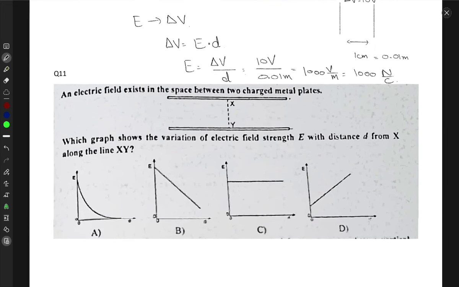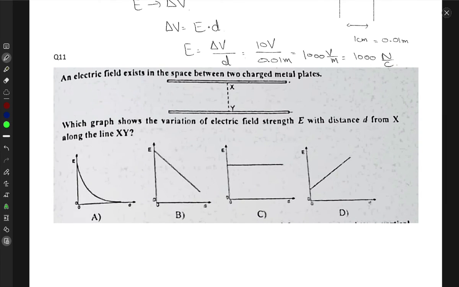Alright, so now let's move on to the final question, which is question number 11, and it reads that an electric field exists in a space between two charged metal plates. So you can see that there are these two charged metal plates. One is positively charged and this one is negatively charged. Alright, so which graph shows the variation of the electric field strength E with distance d from x along the line xy?